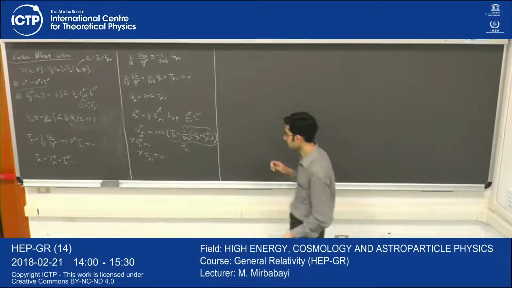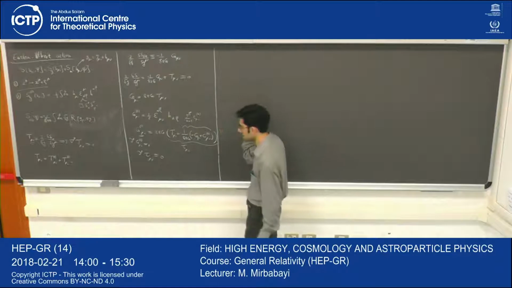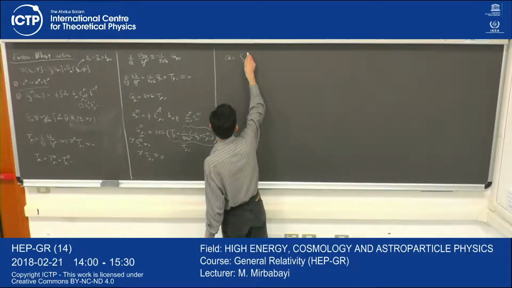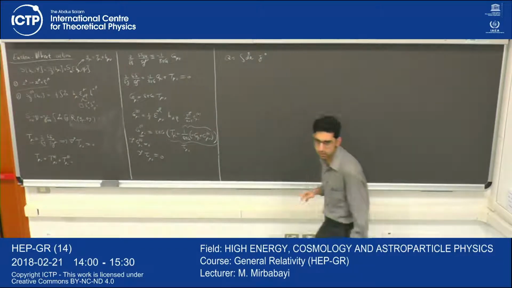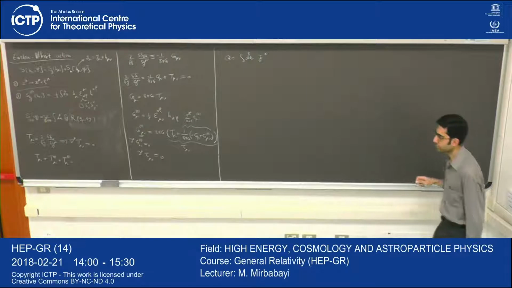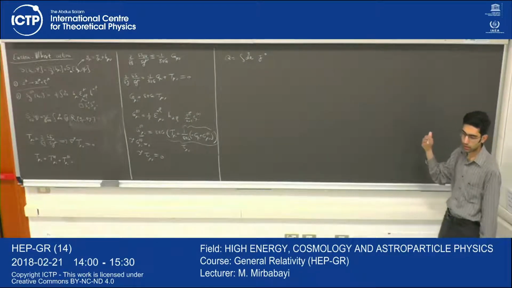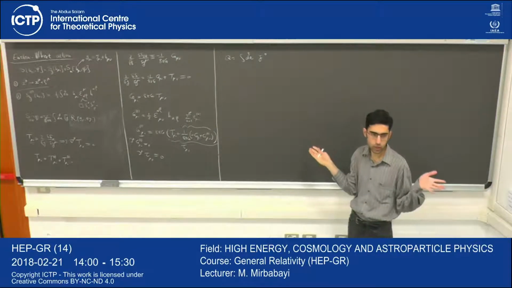So remember, when we have conserved currents, we could define conserved charges by integrating them over the whole space. And those charges were conserved as long as there was no flux at infinity.